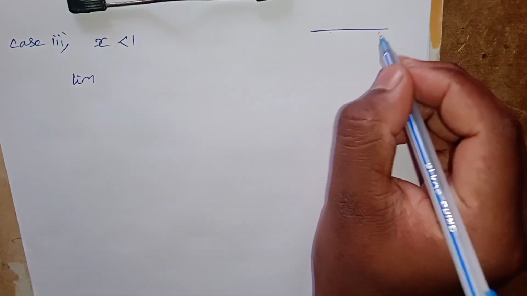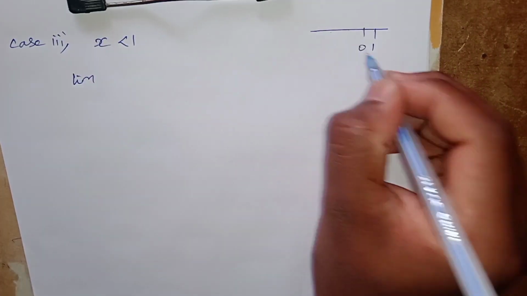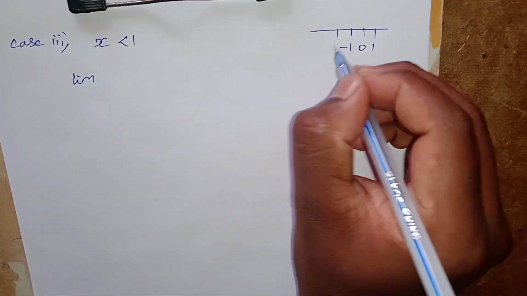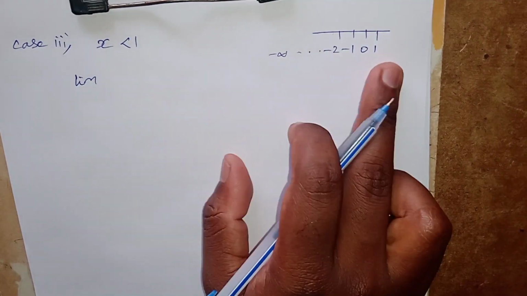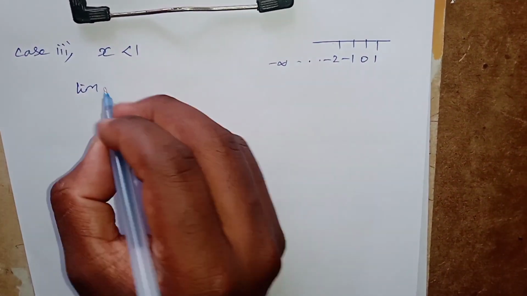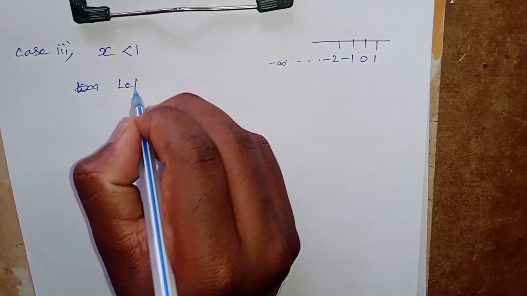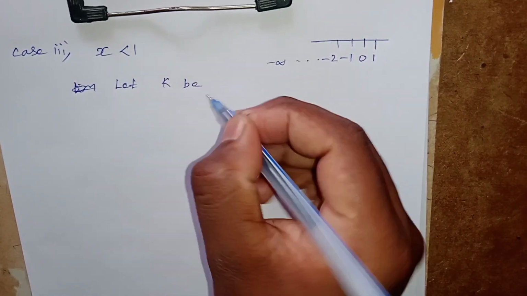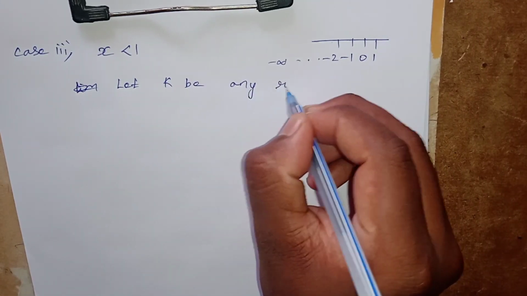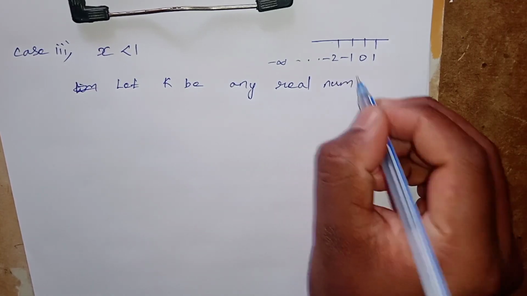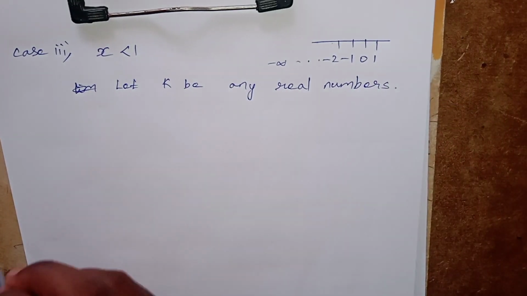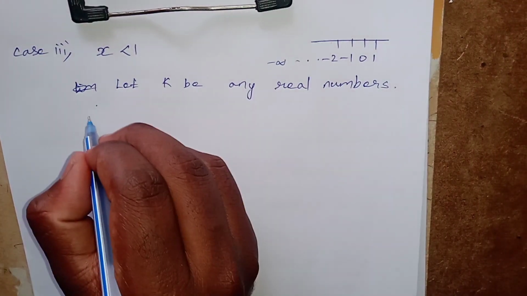Here we can take 1, 0, minus 1, minus 2, up to minus infinity. You can choose any values, so I am taking let k be any real number.